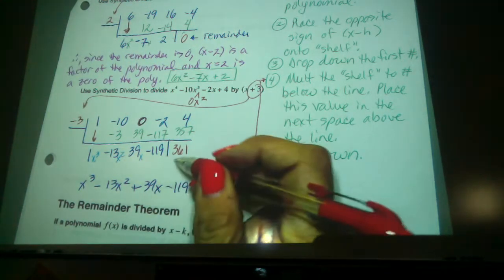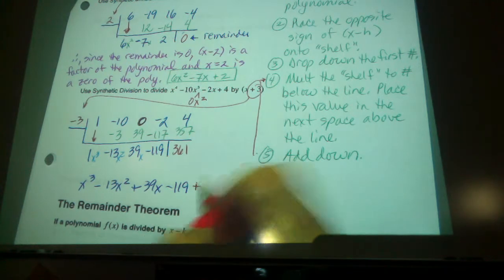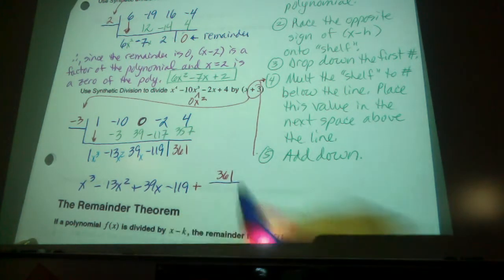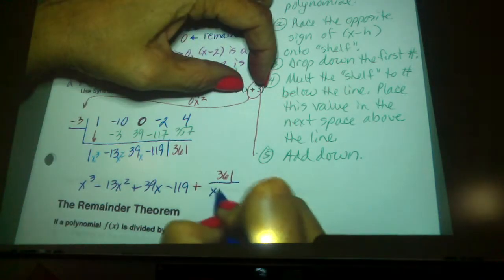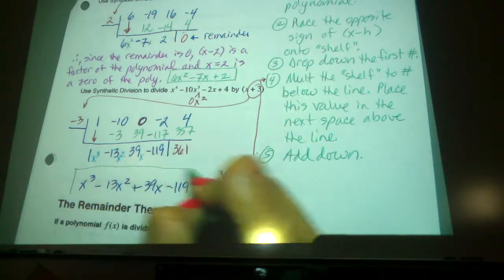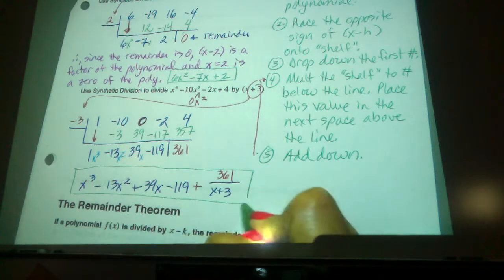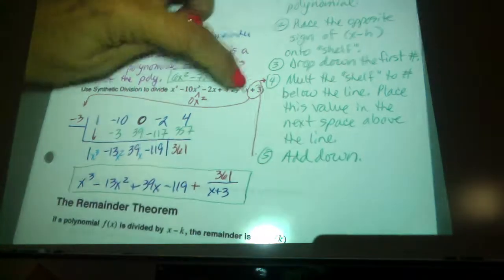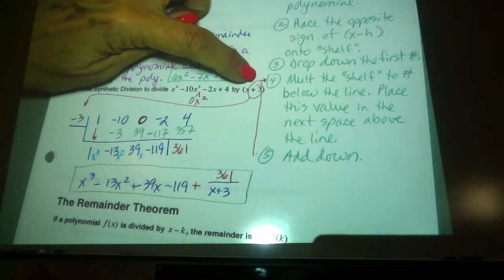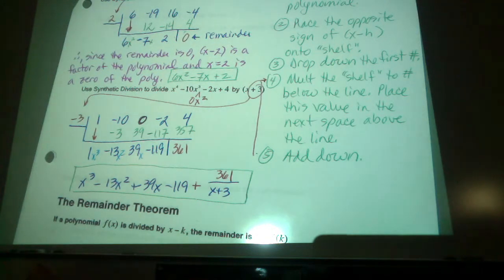My remainder is positive, so I'm going to add the remainder of 361 over what I divided by, x plus 3. So that is your quotient. Now that tells you that x plus 3 is not a factor of the polynomial, and x equals negative 3 is not a 0. The graph does not cross the x-axis at that point. We will finish the rest of this tomorrow.